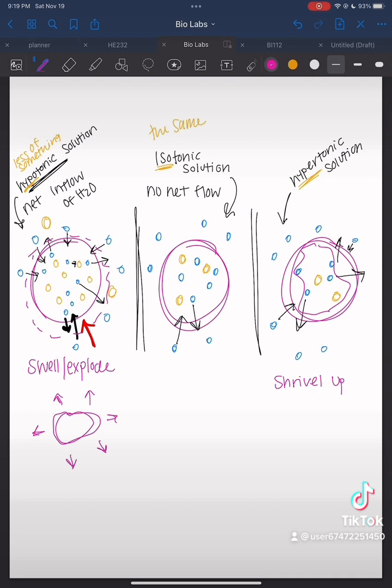In an isotonic solution, it's going to look the way that we're used to seeing a red blood cell, because it's staying the same. And in a hypertonic solution, it will shrivel up and shrink, looking kind of like a dried up cell.